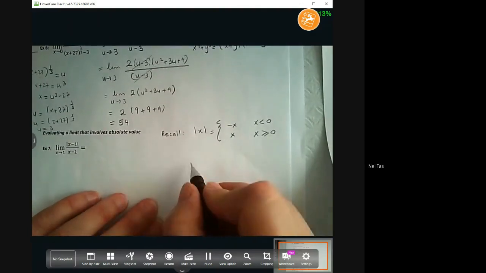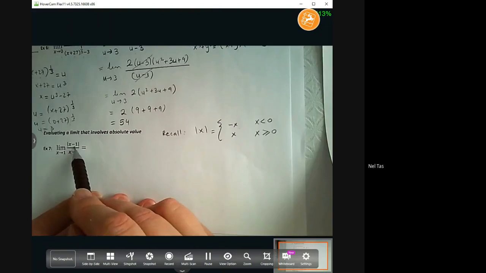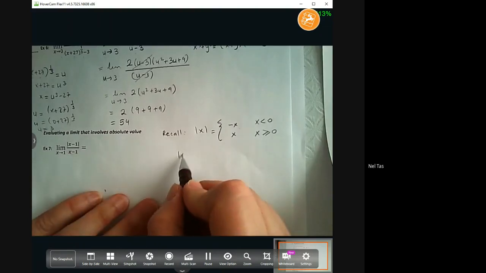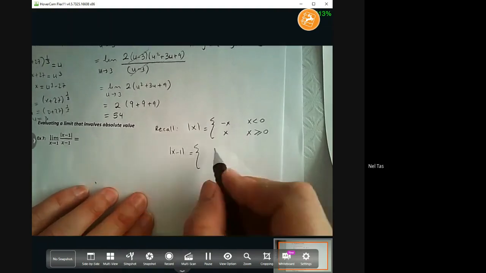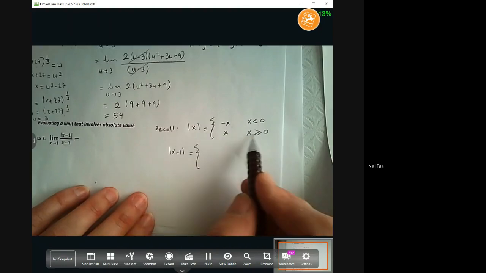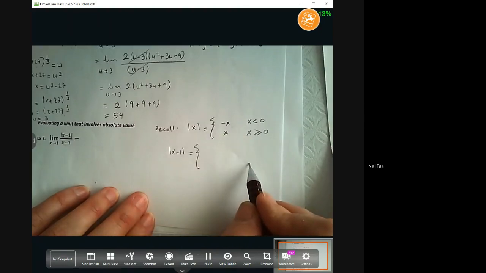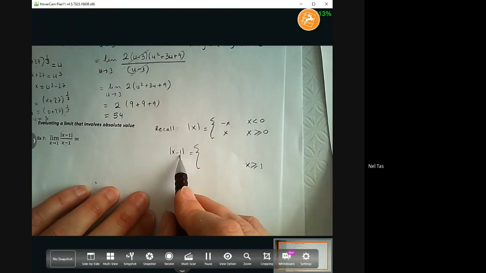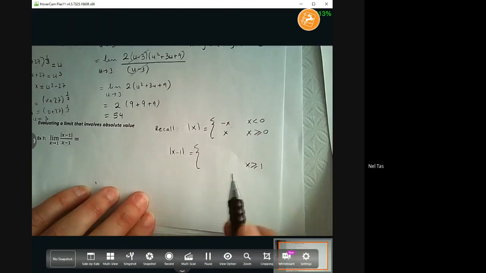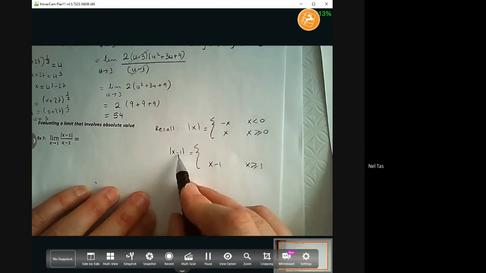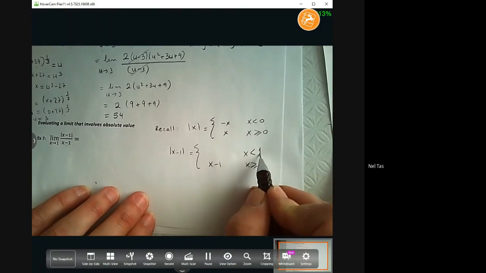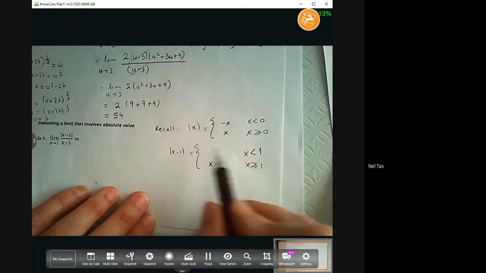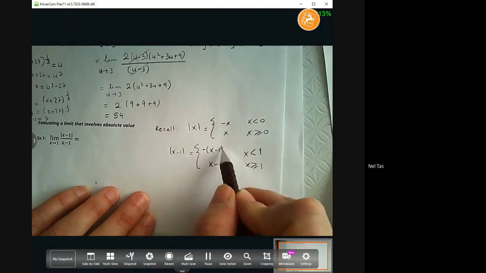So then, in this case, we have the absolute value of x minus 1 here. So what can we say about that? It is x when x is greater than or equal to 0, and this is going to be when x is greater than or equal to 1, because 1 makes the inside 0. So you get x minus 1. When x is less than 1, since you multiply this by a negative sign, you get negative in a bracket x minus 1.